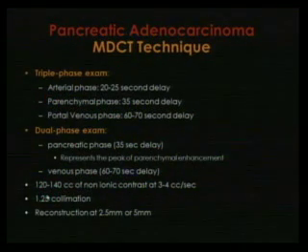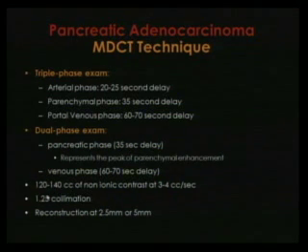To make the exam, we have different possibilities. In our institution, we use the dual phase exam. We don't do arterial, pancreatic, venous, and pre-contrast phases. Here we use only the pancreatic phase, which is at 35 seconds. This phase is very good also for evaluation of arterial structures.